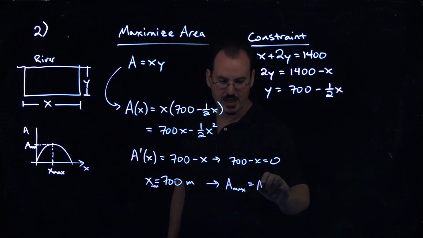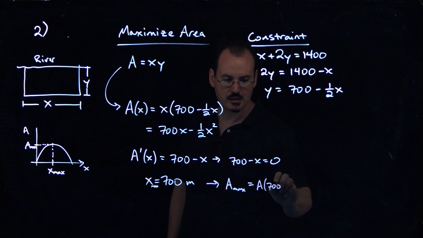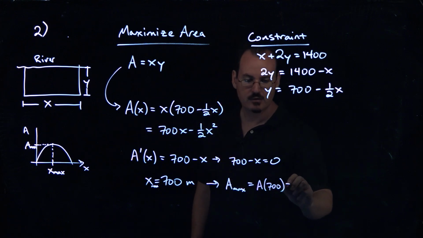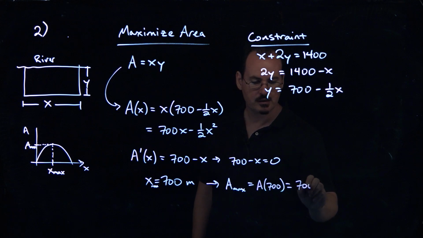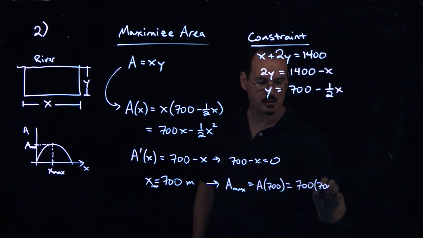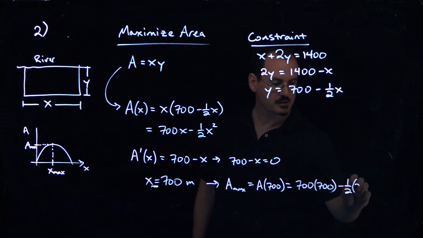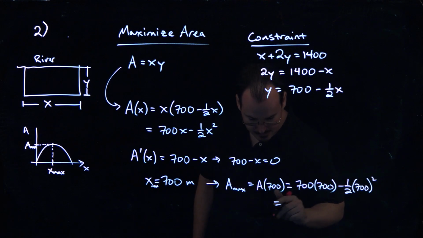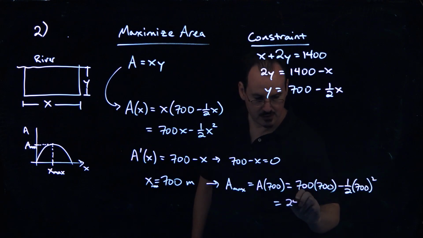In other words, this would be A of 700. This would be the value of A that I get when I plug 700 in for x, which would be 700 times 700 minus 1/2 times 700 squared. If you put that all into your calculator, at least what I got is about 245,000.